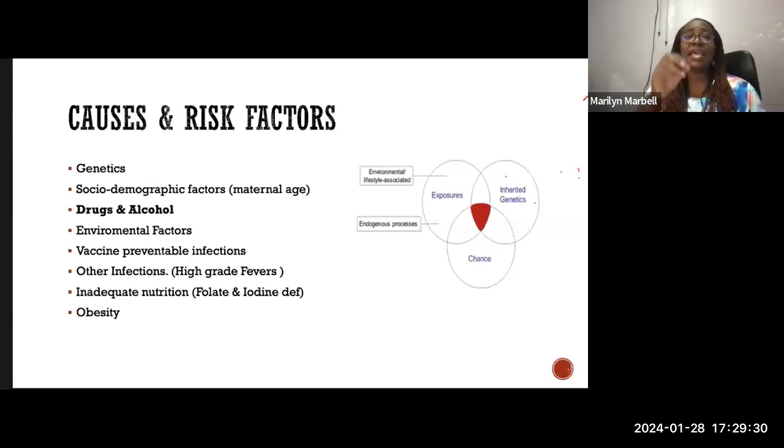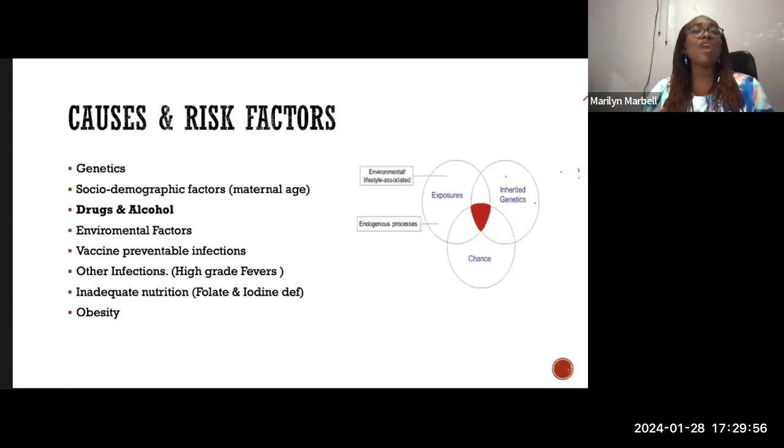So the structure that forms the brain and your spine, if you don't have enough folate in your body as a woman, and the baby is now forming that tube that is now going to form the brain and the spine, you can have defects. That's when you get spina bifida and all those other things.